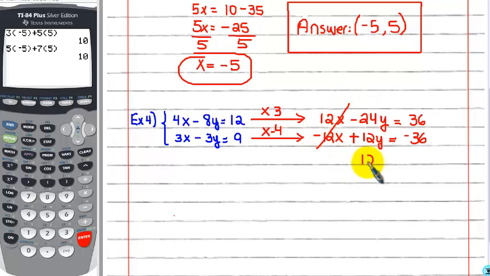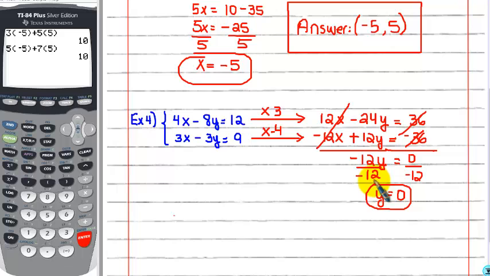I'm left with negative 24y plus 12y, which is negative 12y. And then 36 minus 36, they both cancel, so I'm left with 0 on this side. And let's go ahead and divide both sides by negative 12. So that means y equals 0.